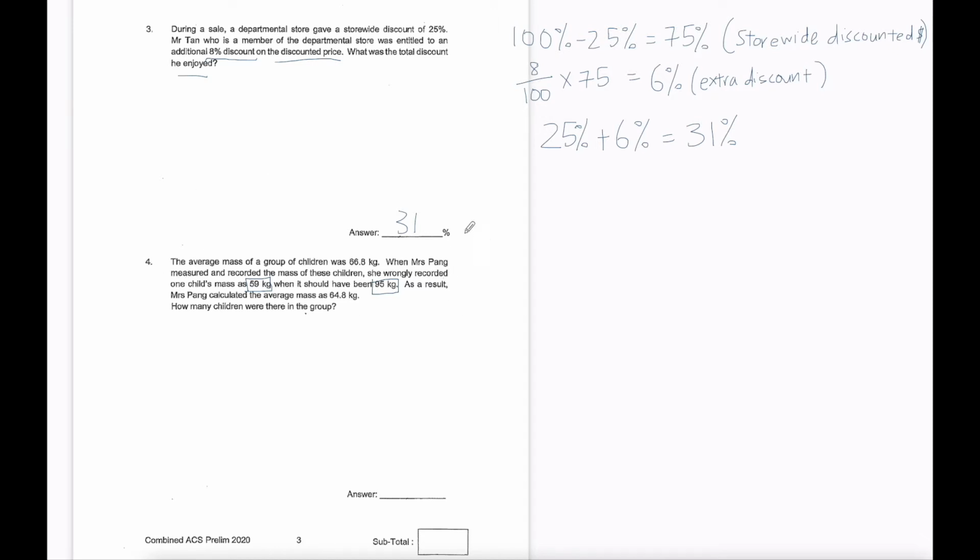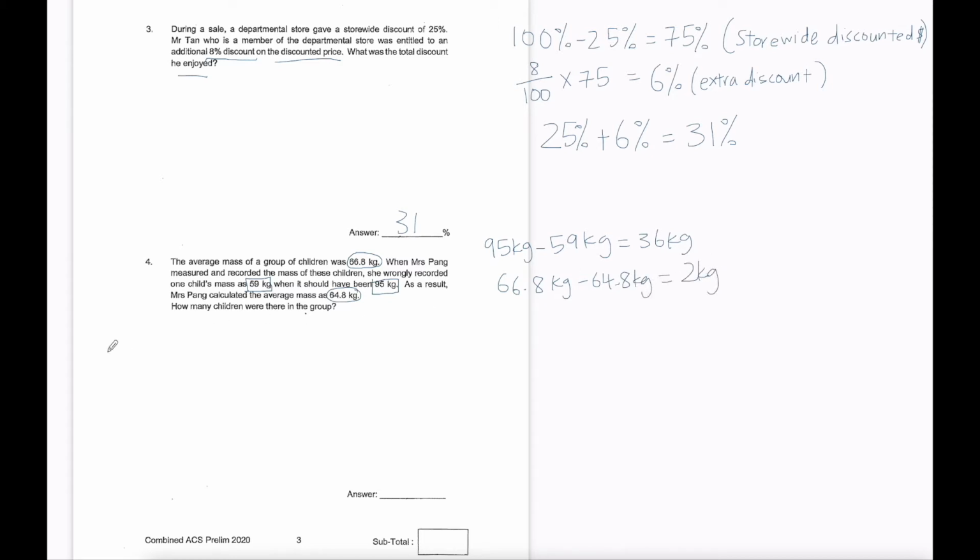Because of the mistake that Mrs. Pang made, the total decreased by this amount. And then each child's average mass decreased by 2 kg.